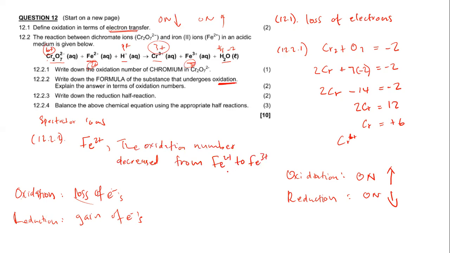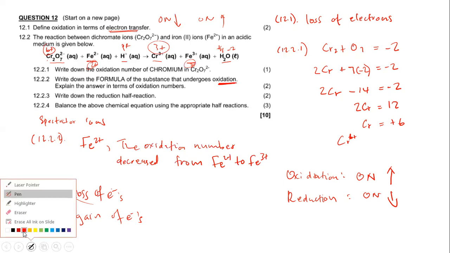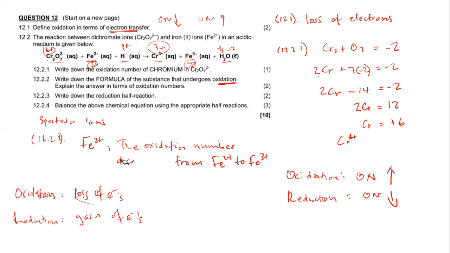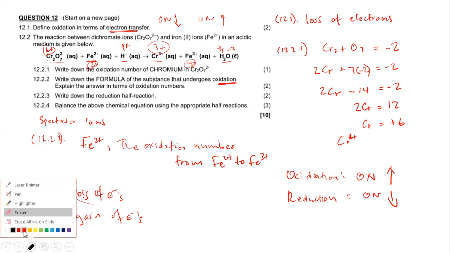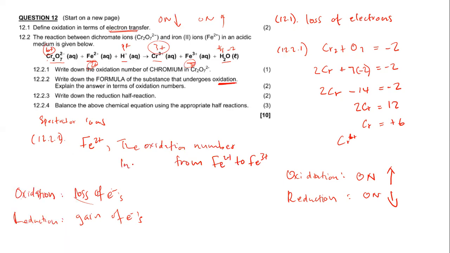No, sorry, increased, right? The oxidation number increased. I'm too excited. Increased from Fe2 plus to Fe3 plus. That's why we say the formula for this thing undergoes oxidation. I'm taking my time on these ones.